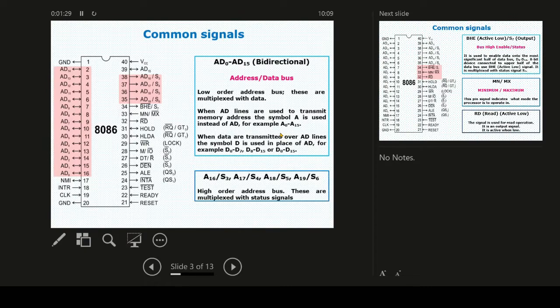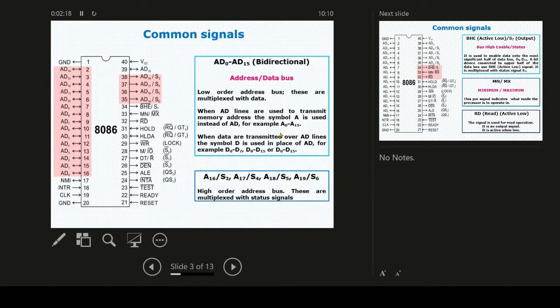What do you mean by bidirectional? Bidirectional means the pin that has the bidirectional signal will both receive data from a data source and also give it back, so it handles input as well as output.